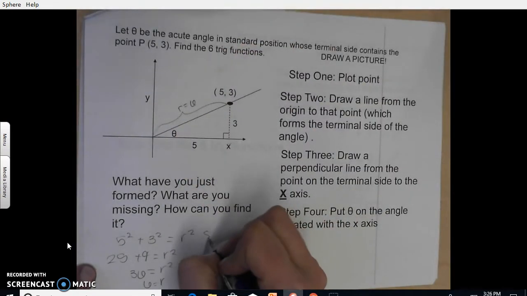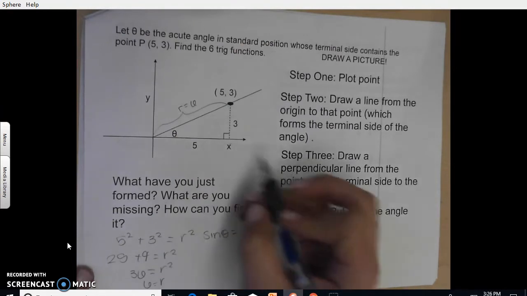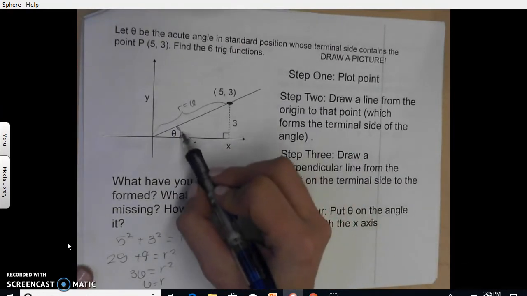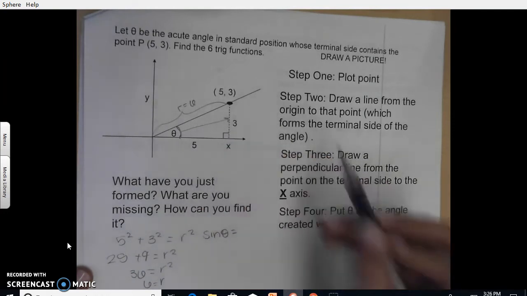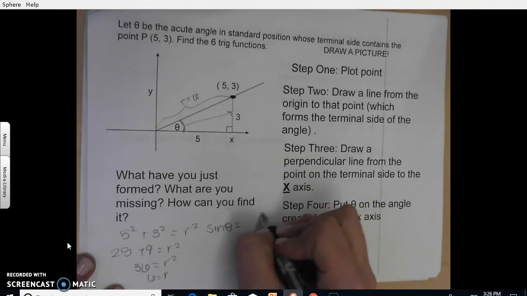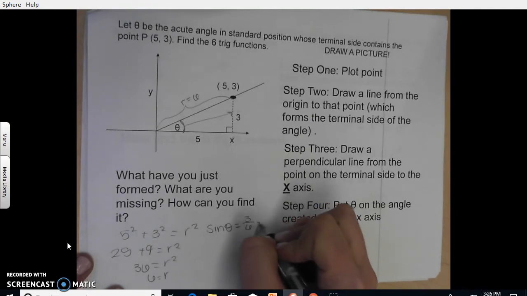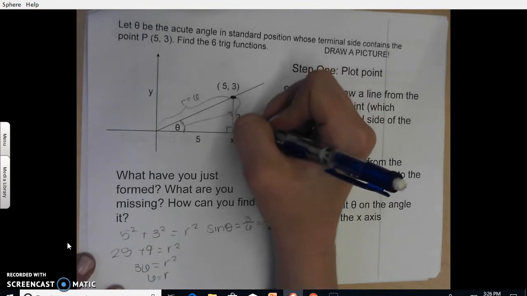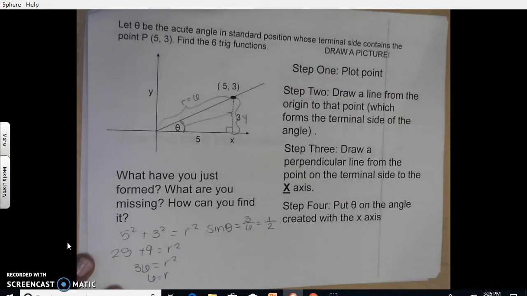So when we are finding the sine of theta, if this is theta, always with our x-axis, opposite over hypotenuse, which would be 3 over 6, which simplifies to 1/2. This 3 is also the y component, which is where we get y divided by r.